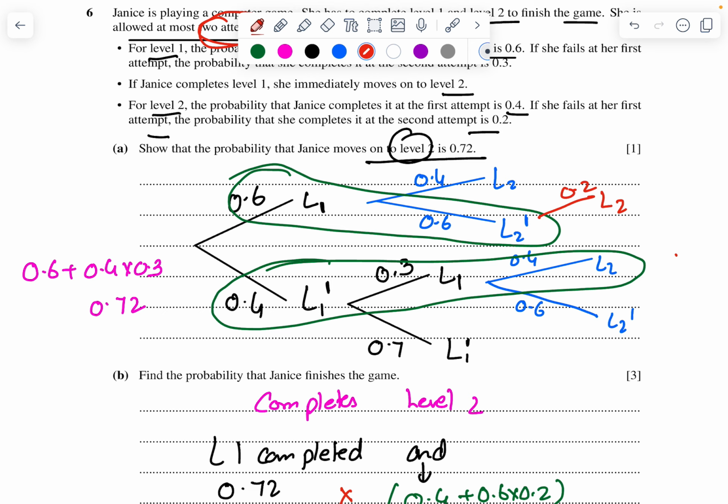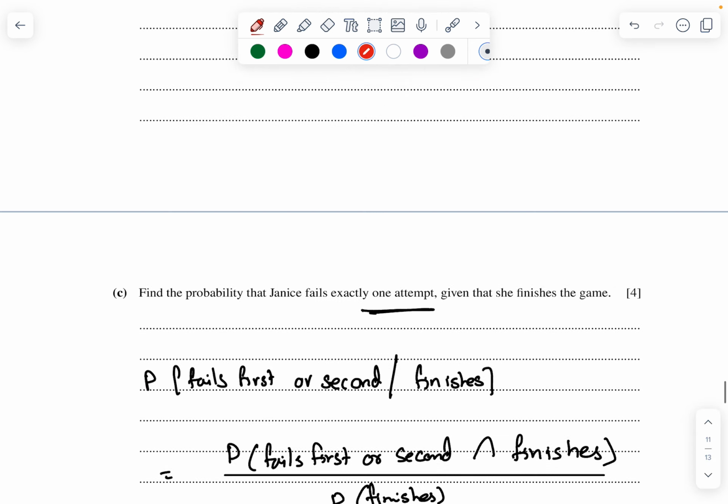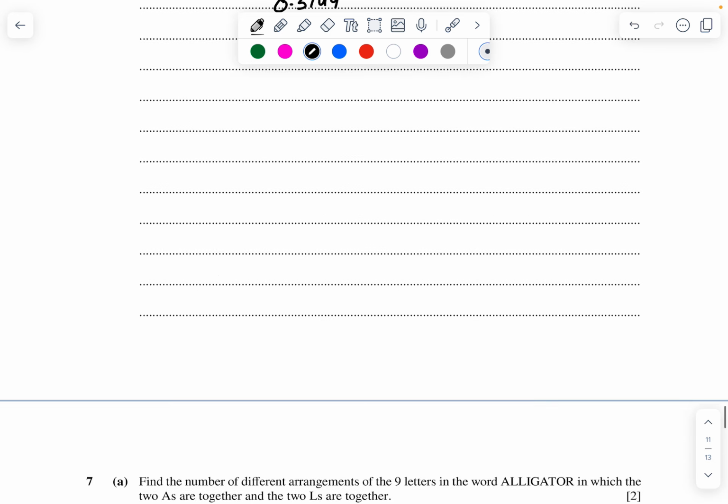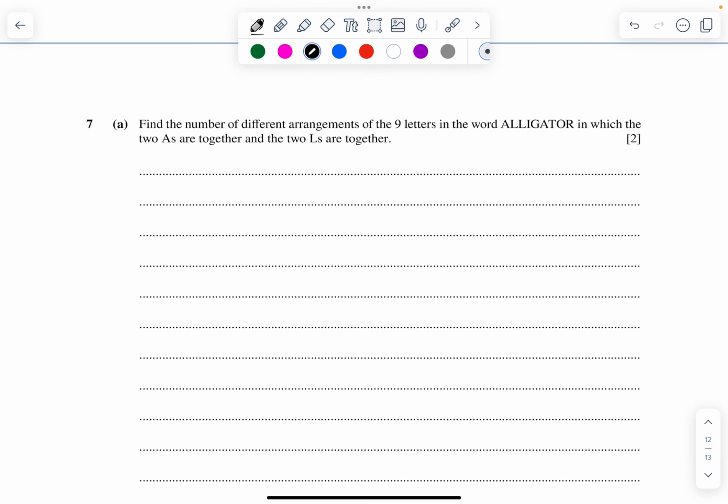So the numerator is 0.6 times 0.6 times 0.2 or 0.4 times 0.3 times 0.4, which is 0.12, divided by 0.3744, which is 0.321. Coming to question number 7.